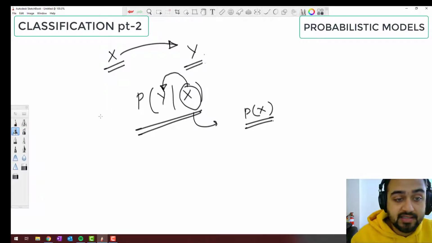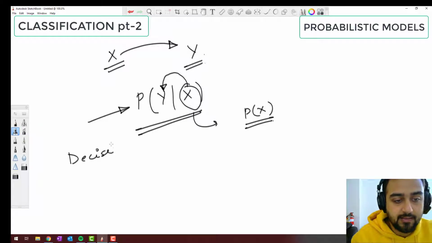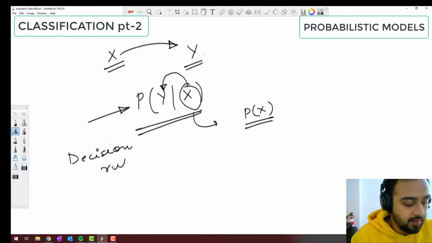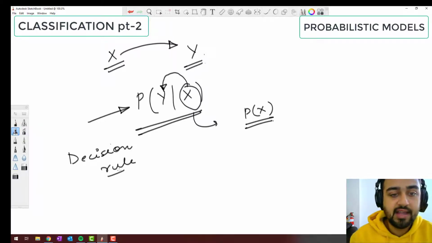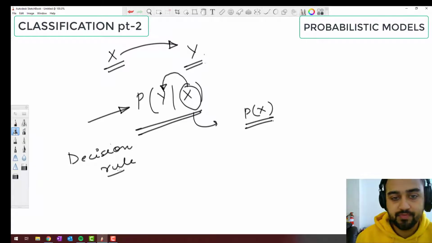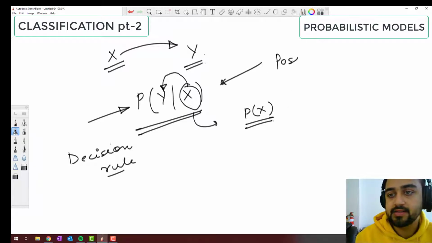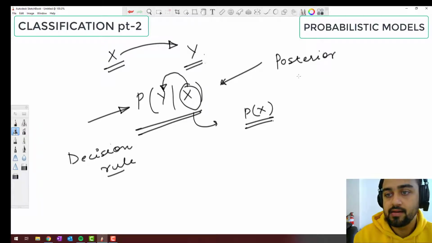Right. This also defines a decision rule. Now, a decision rule is basically a way to predict the value of y on the basis of values of x and the posterior distribution. Right.